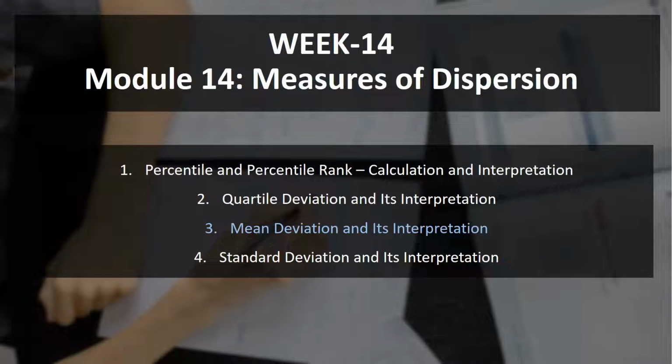Then the second video lesson, quartile deviation and its interpretation, we discussed in the last session. Now in this session we are going to discuss mean deviation, which is also called average deviation, and its interpretation. And in the next session we will discuss standard deviation and its interpretation.